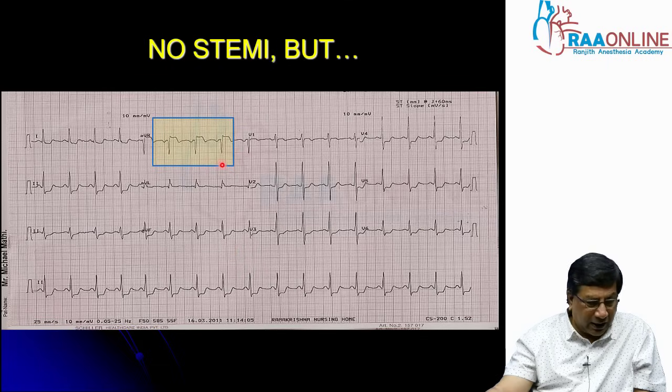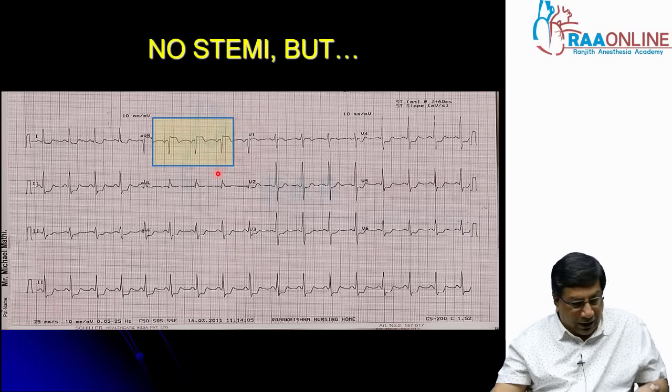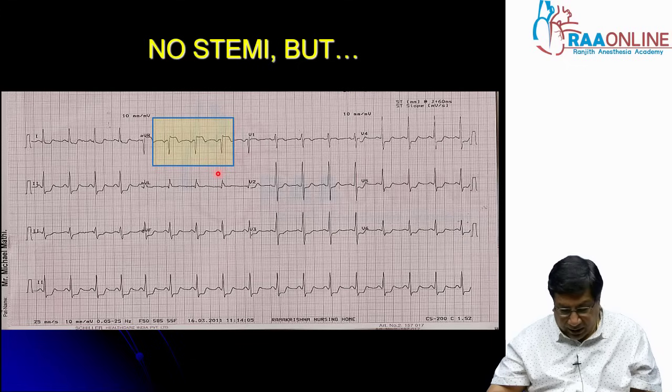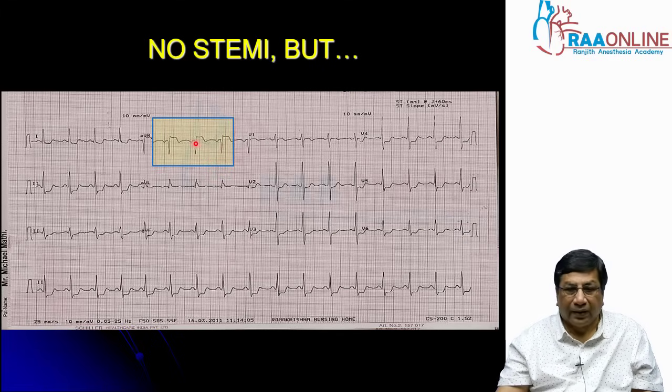So this is a critical left main occlusion, and here the patient should be sent immediately for a coronary angiogram or left main occlusion intervention. So this is how we can locate the most dangerous left main occlusion, by ST elevation in lead AVR.